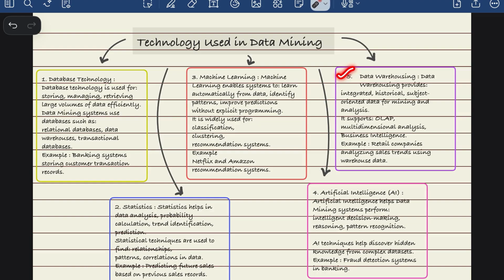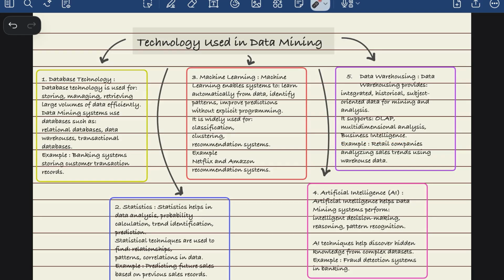Next we have data warehousing. So obviously we need a place where we store our data perfectly integrated, non-volatile, and where our historical baselines are not removed, right? So data warehousing also serves as a multi-dimensional data cube. Okay, it supports OLAP and business intelligence.